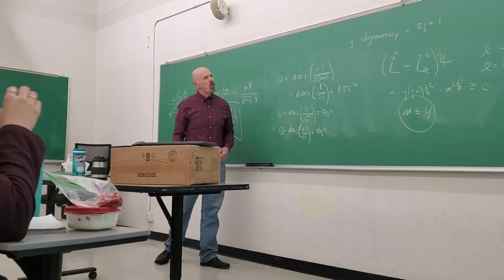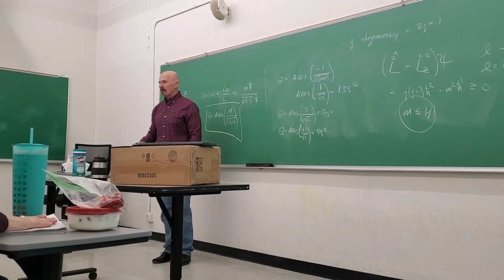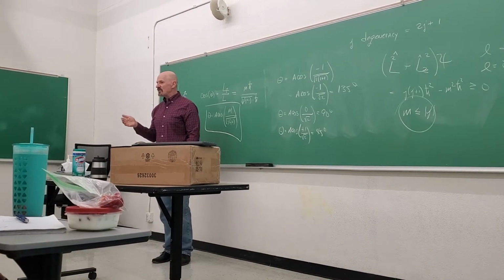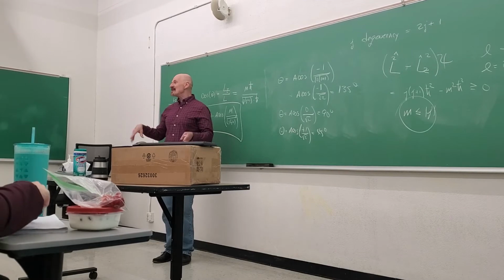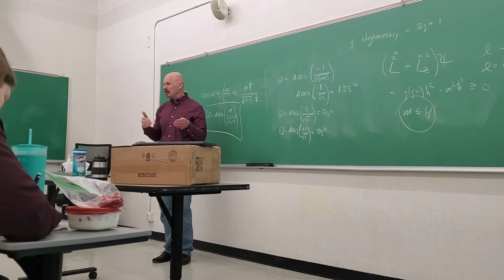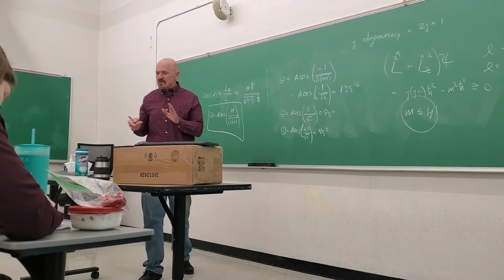So if J is 1, 2 times 1 plus 1 is 3, there's our 3 quantum states. Now, they are degenerate, they have the same energy. Why? Because there's no asymmetry. That was the whole point of one simple little problem on the homework set, which is finding the degeneracies of these lower states.